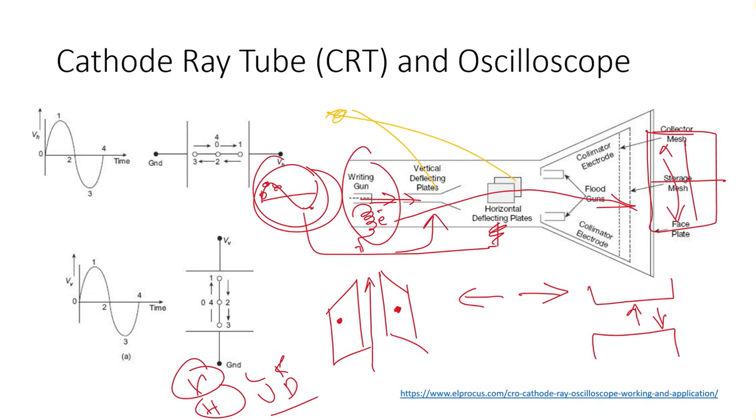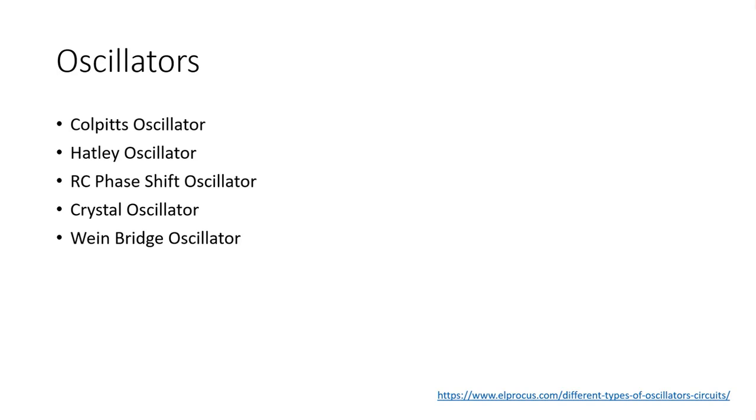Coming towards the last topic of this introductory session, the oscillators. So oscillators are the circuits which produce frequency controlled signals, and these are normally sine waves. So sine waves are produced by oscillators, and by selecting values of capacitor, inductor and resistor, we get different values of these frequencies.